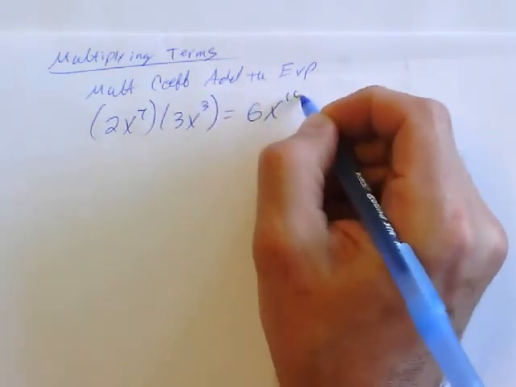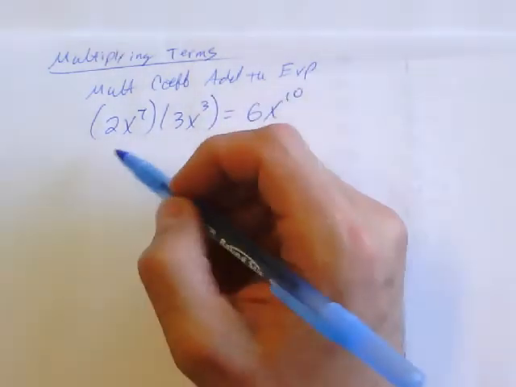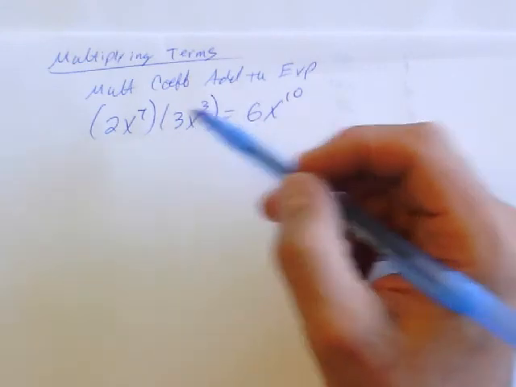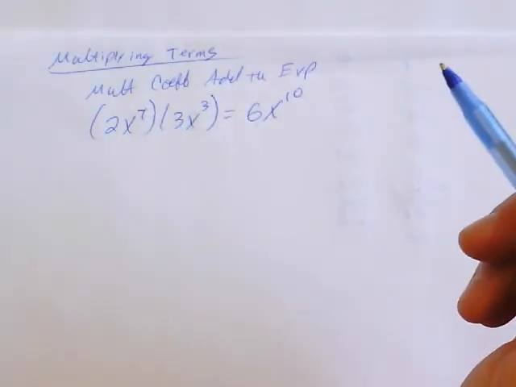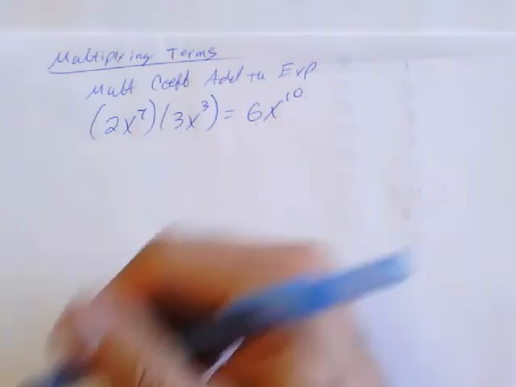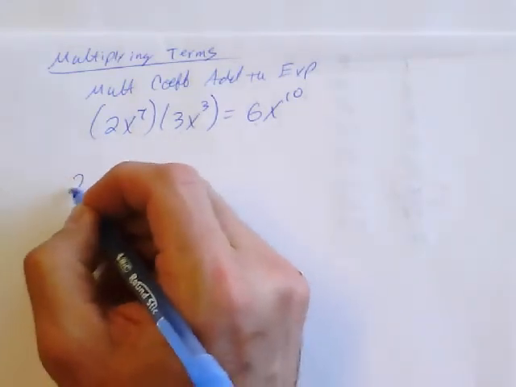So if you have 2x to the 7th times 3x to the 3rd, 6x to the 10th. Multiply the coefficients, 2 times 3 is 6, add your exponents, 7 plus 3 is 10.